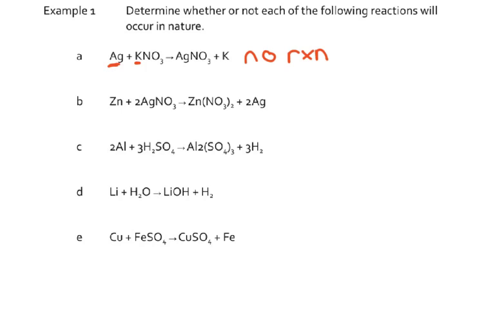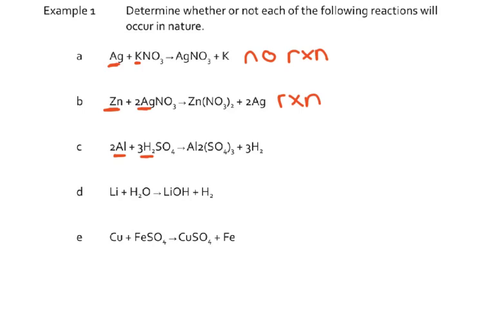Same idea in B. Zinc would have to be above silver if this reaction was to happen. Take a look at the activity series, and zinc is actually above silver, so this reaction will happen. In C, aluminum would have to be above, well, we don't have a metal in the compound, but we have hydrogen, which can behave as a metal in some ways.